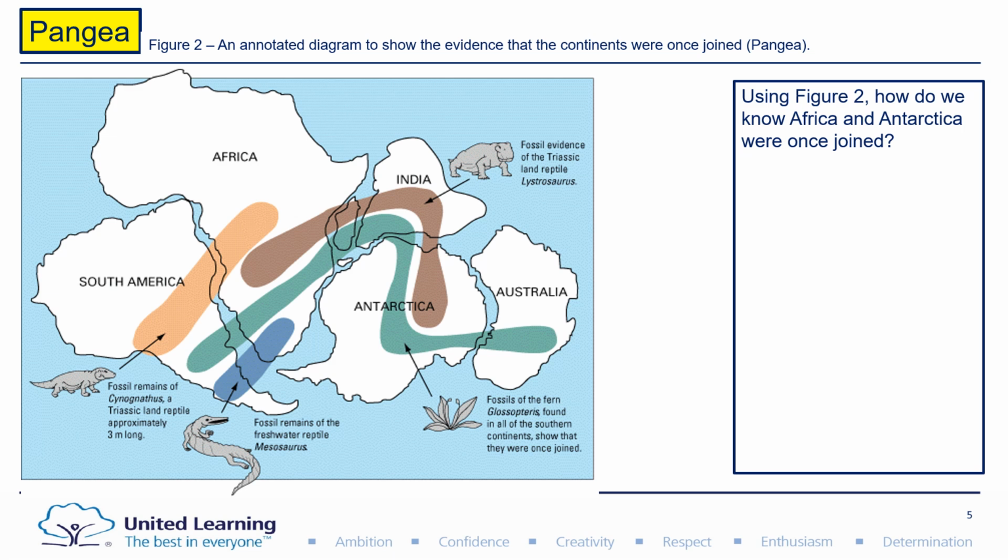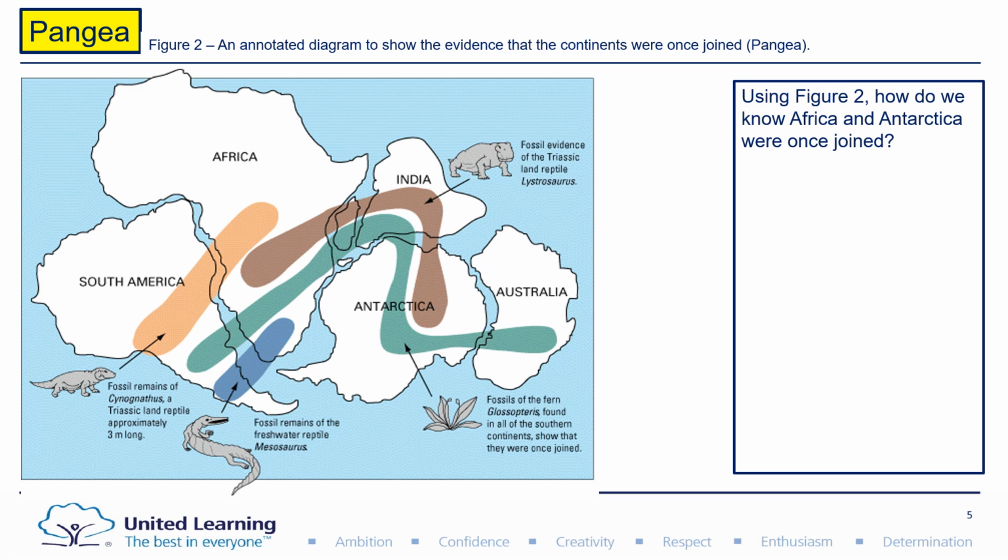This proves that the land must have been joined for the fossils of a land-based reptile to be there. Likewise, we've got fossil remains of plants found in Australia, Antarctica, India, Africa and South America. So by using these fossils as evidence, we can see that the continents were once joined together as a supercontinent known as Pangaea.